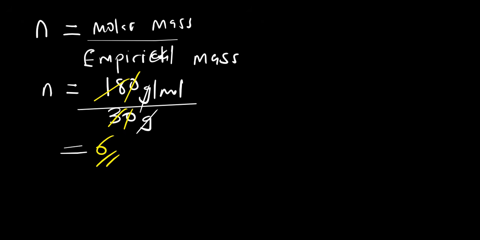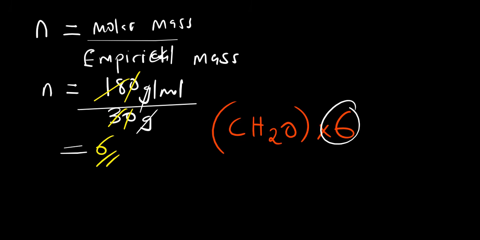Now we're going to write our molecular formula. First, get your empirical formula, which in this case is CH2O. Now we have 6 there, and we're going to multiply this by 6 with the subscripts. When the 6 multiplies with the C, I'm going to have C6.